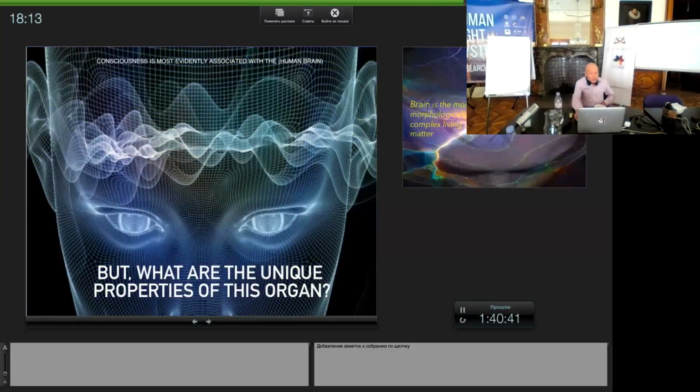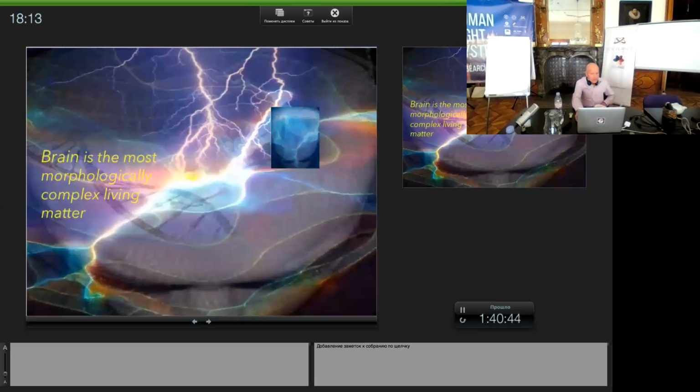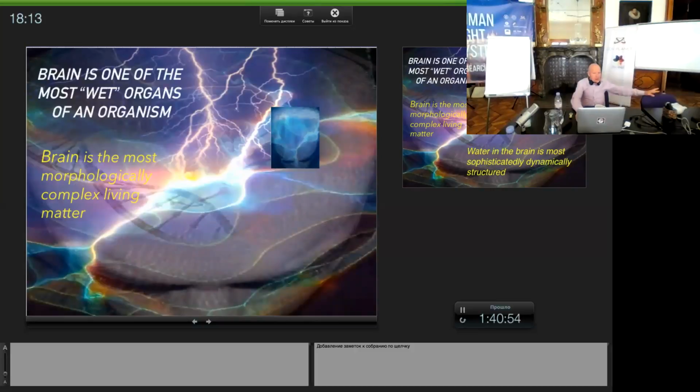And what's unique in the brain? The brain is the most morphologically complex living matter, no doubts. The brain is one of the wettest organs in the whole organism. You know that only now in science do they discuss the role of water in the activity of the organism, only now.